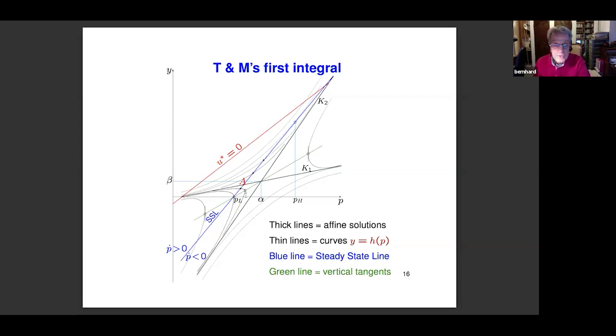Now, if you look at those which are below the line k1p here, you see that they define a function y equal h of p only between my little circle here and the limit u equals 0. Because afterward, here you have a vertical tangent and the curve goes back to the left.